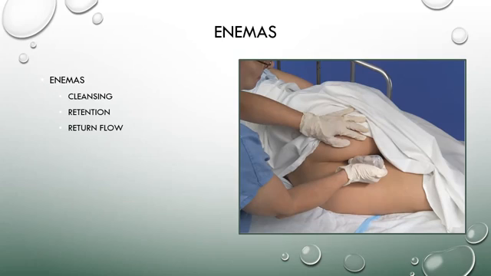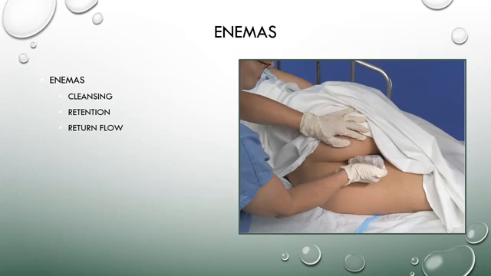So there's different kinds of retention enemas. Like oil retention enemas, these ones use oil that goes into the rectum, and that kind of works as a lubricant. There is also medicated enemas.